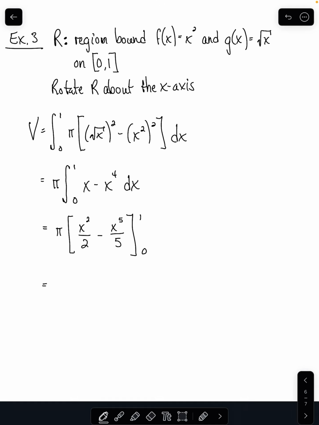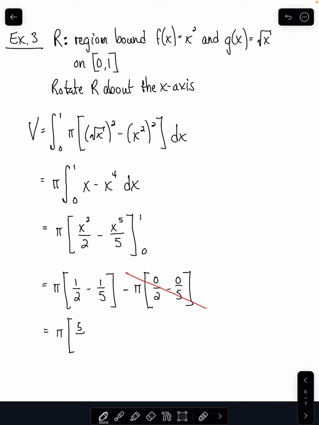Of course, 1 to any power is 1, and 0 to any power is 0, so that we have pi times 1/2 minus 1/5 minus pi times 0/2 minus 0/5, which of course is entirely 0, and that entire second portion of this is gone. A quick bit of arithmetic then will give us 3/10 times pi, or 3 pi over 10.